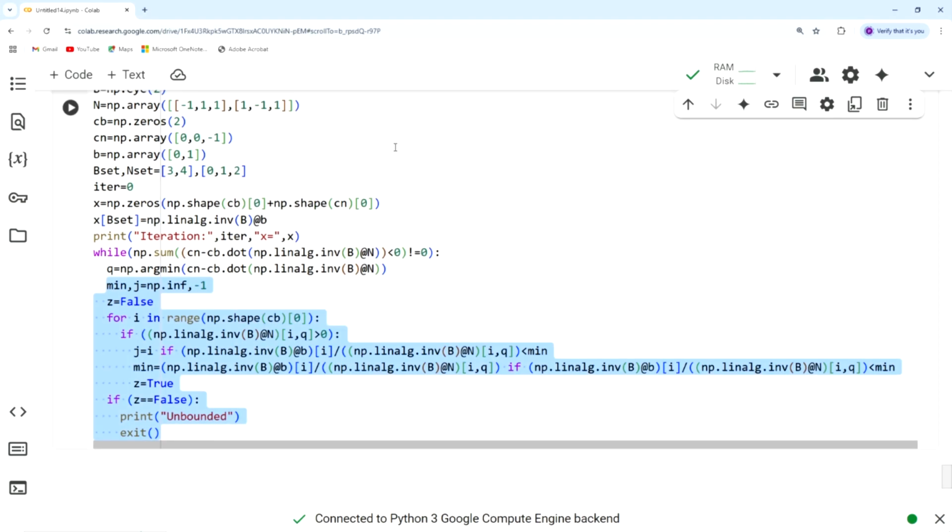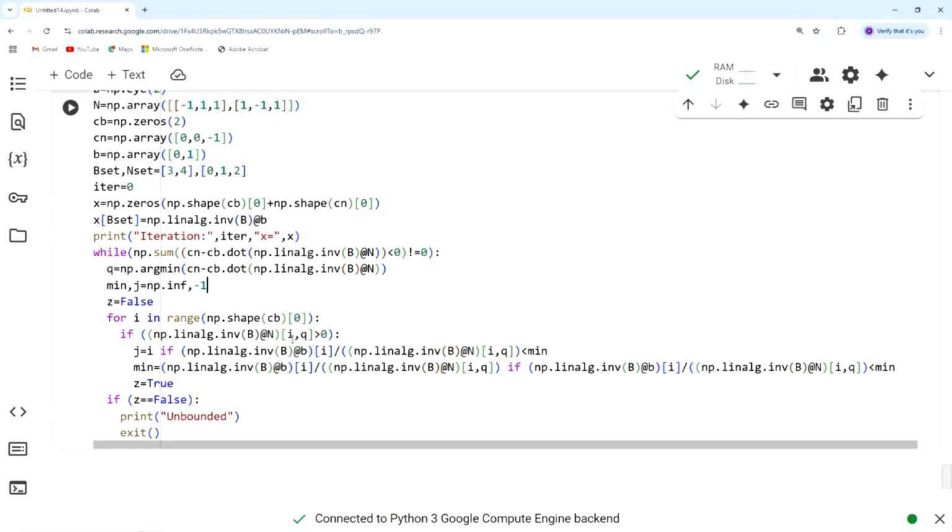Let me explain what is going on. I have initialized min to be infinity and j to be some nonsense value because I am never going to get -1. And I am checking for all possible values of i.